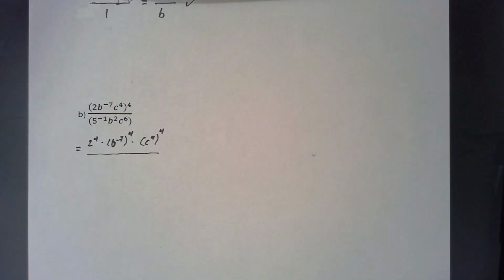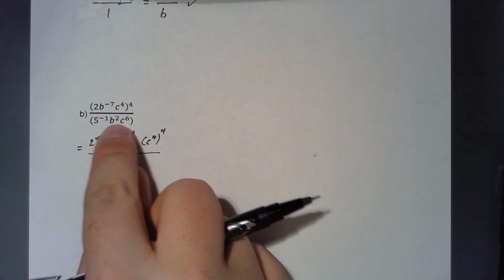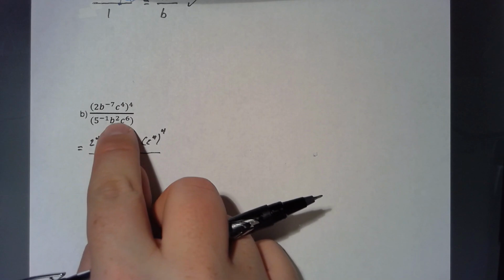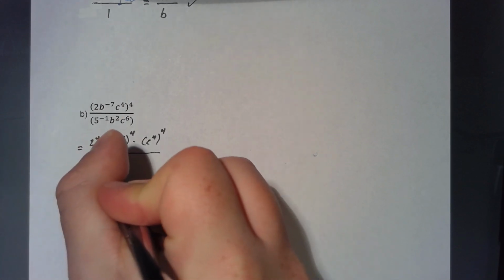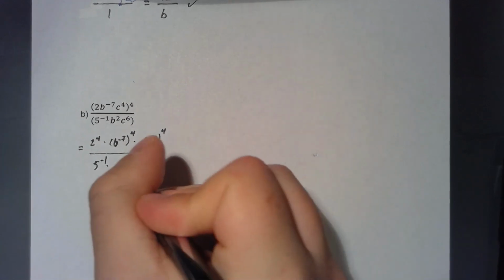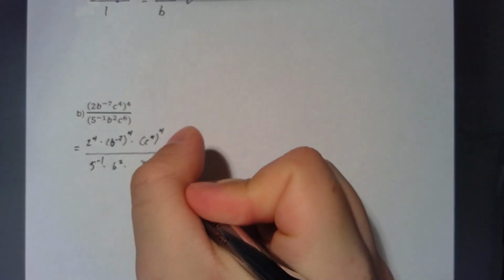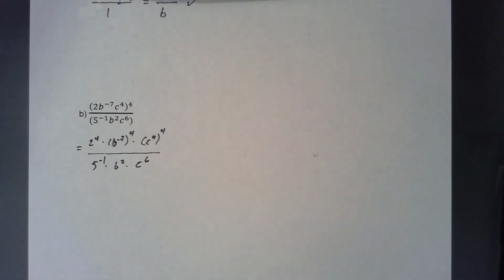Now, everything in the denominator isn't raised to a power, so I could just write that as 5 to the negative 1st times b squared times c to the 6th power.